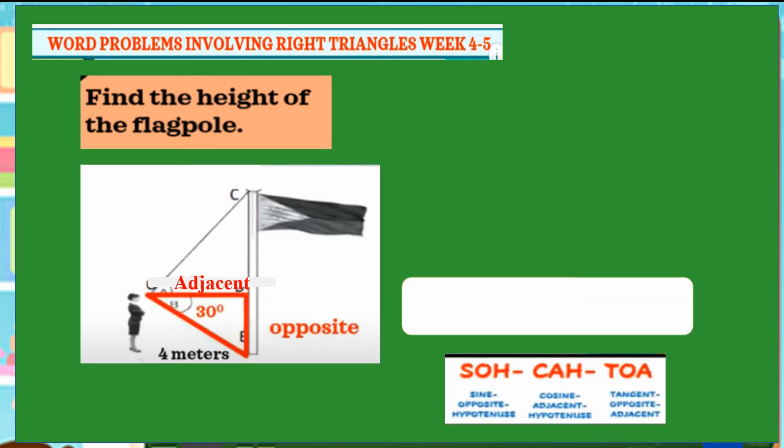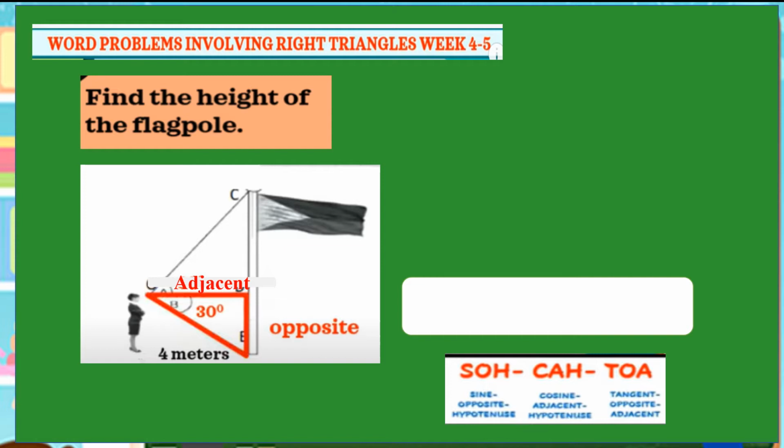So first we are going to identify what is the opposite side of the given triangle with angle B as 30 degrees. So ang ating magiging given dito ay ang opposite side na nawawala, yung angle theta natin na 30 degrees, at yung adjacent side. Bakit kaya naging adjacent side ay given kahit wala siyang nakalagay na value?